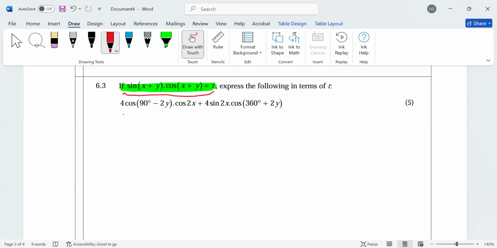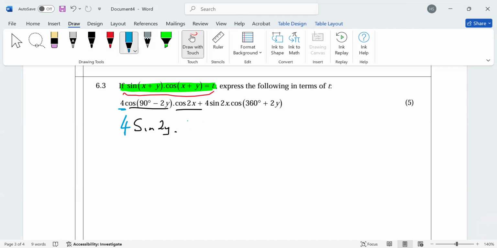And then if you go to the next one, we are given 4 cos 90. This one, at least we can do something with. It can be reduced. Can you see this one? Yes. So it's going to be reduced to 4, and this one is going to be written as the sine of 2y, multiplied by this one, which is still exactly the same thing.